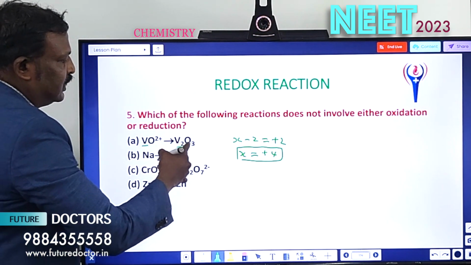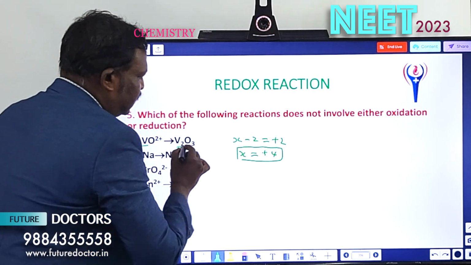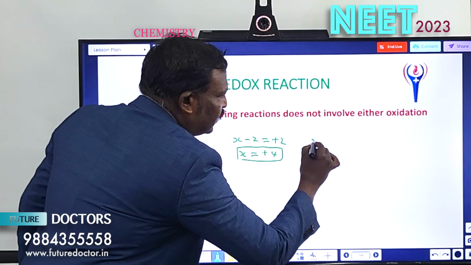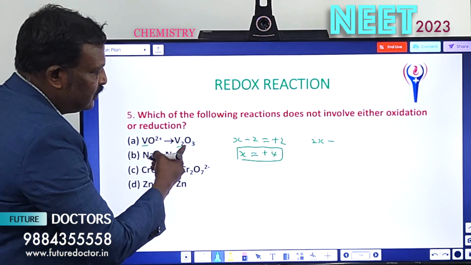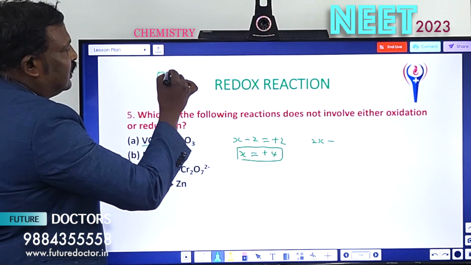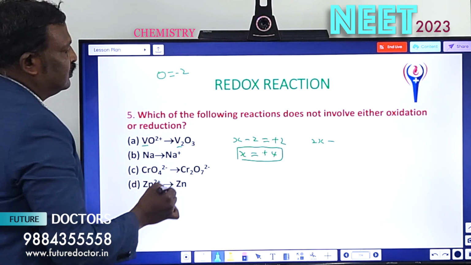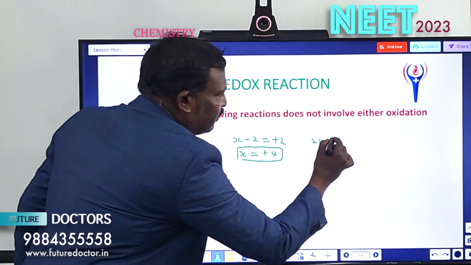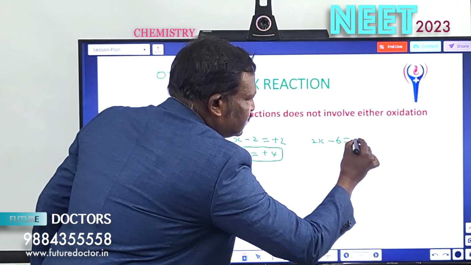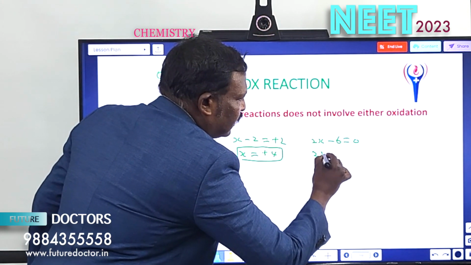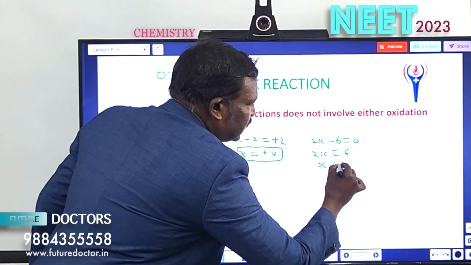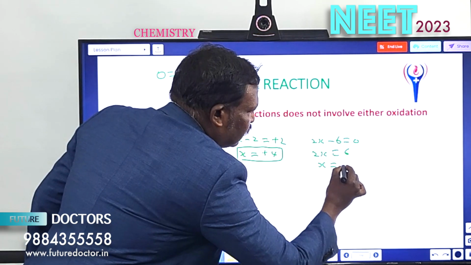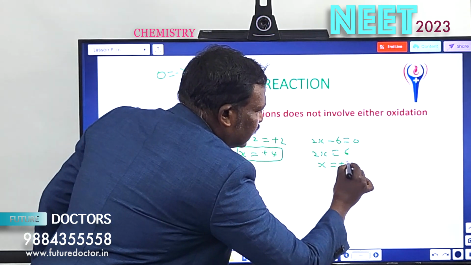Then on the right hand side, there are 2 vanadium, so 2X, and 3 oxygen, so 3 into -2, that is -6, equal to 0. So 2X is 6, and X is +3. Understood? X is equal to +3.